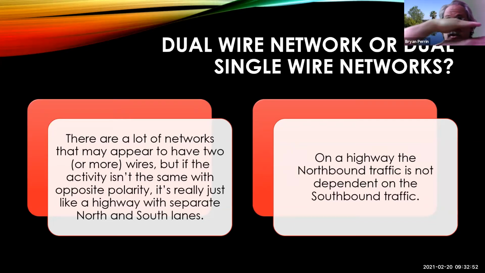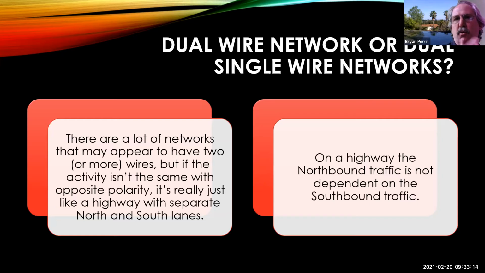They're doing this, like north and southbound lanes. We use one wire to send information and the other wire to receive information. So on a wiring schematic it's a two-wire network, but in the language being used, it's two single wire networks, one in each direction. So they're completely independent of each other.